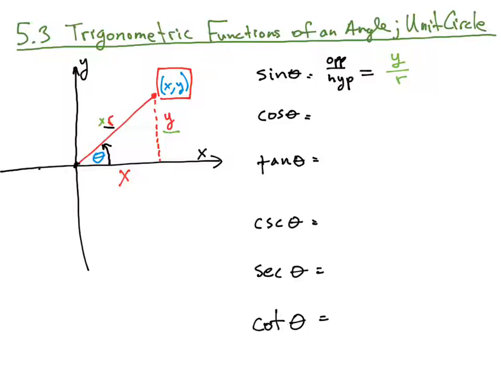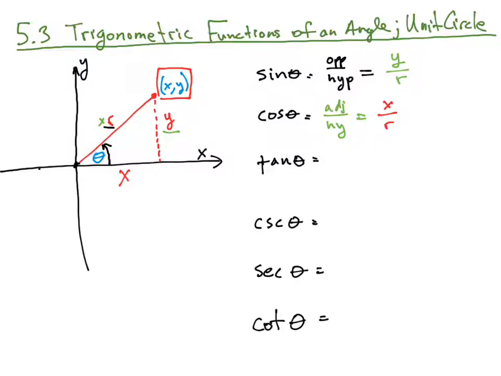Similarly, for cosine, cosine was adjacent over the hypotenuse. So in this triangle, the adjacent side is x, the hypotenuse is r. We can proceed in this fashion for the remaining trig functions.